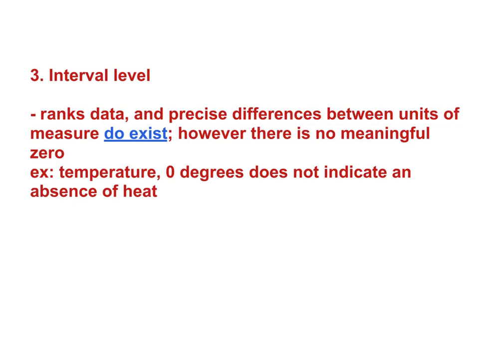Right? Some heat exists. And you can think about that as continuous. So a good way to think about interval level. Literally, it's an interval. So there's going to be values all along the way.